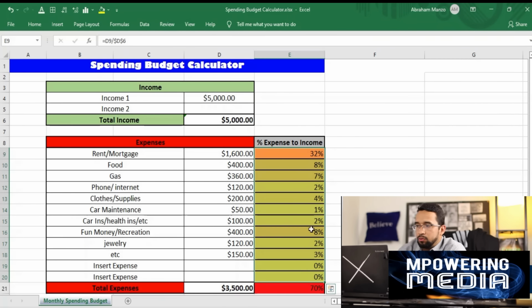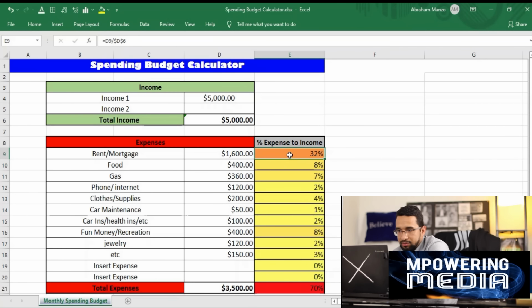So now you know what your total expenses are, and again it's color coded on the right side here, and it tells you the percentage. So you can see that in this situation most of the expenses are going to the rent or mortgage, 32%. And then next you have food at 8%, you got fun money, recreation at 8%. What else? Gas at 7%. So you know these are the top expenses.